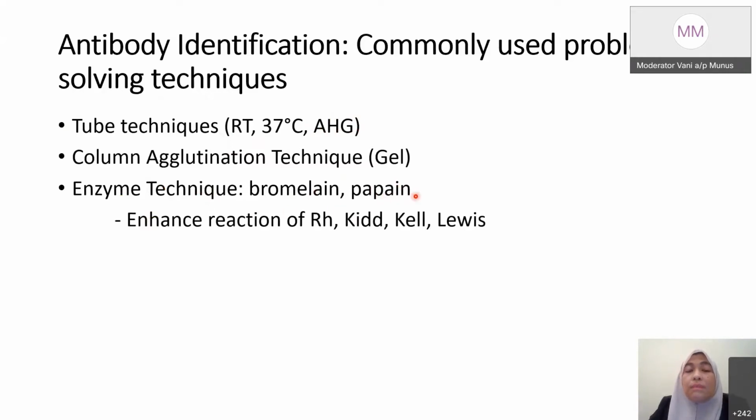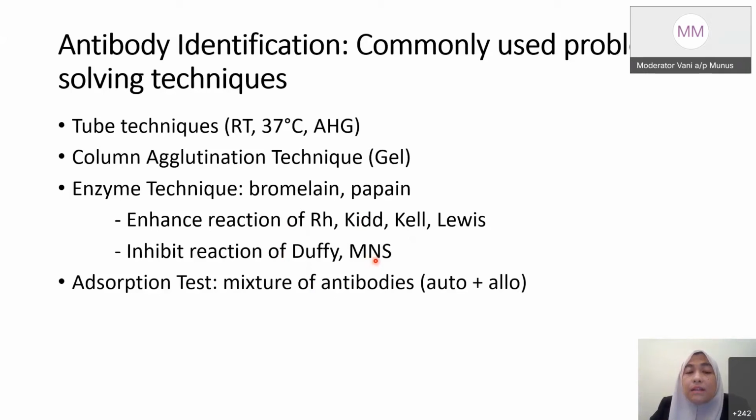So this panel may detect enhanced reactions, as an example for Rh, Kell, Lewis antibody, and it also can inhibit some of the reactions of antibodies, as an example Duffy and MNS antigens. We also can proceed with the adsorption test, usually for cases that have a mixture of antibodies, to separate either auto or allo antibody.